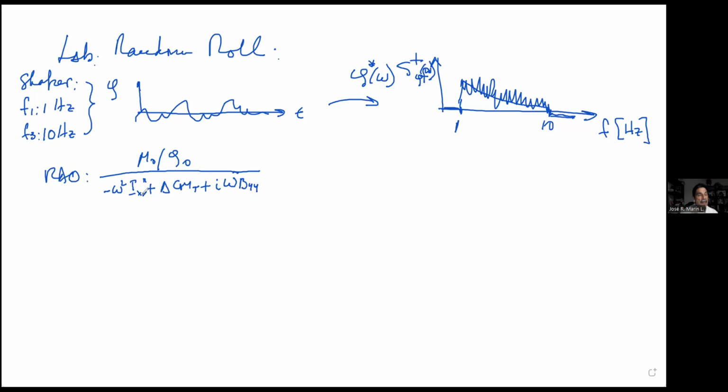So this is, remember, complex in general, and we get the amplitude of that.